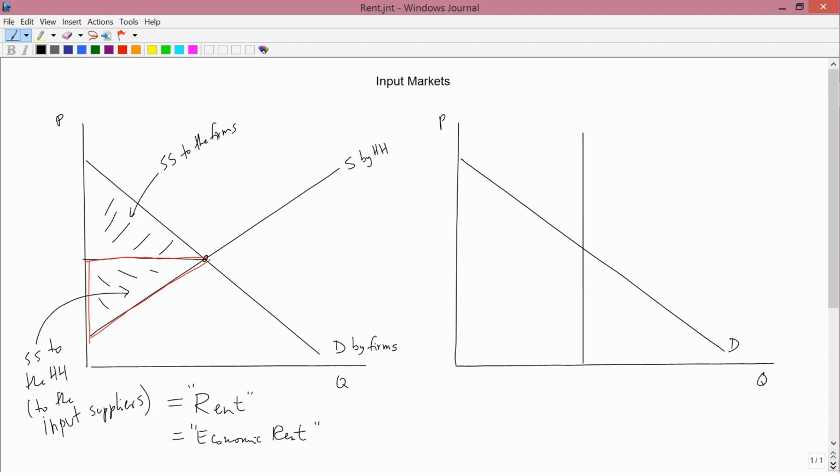But since this is an economic class, I'll usually just call it rent instead of calling it economic rent. So the definition here is completely straightforward. Rent is the social surplus that goes to the input suppliers.